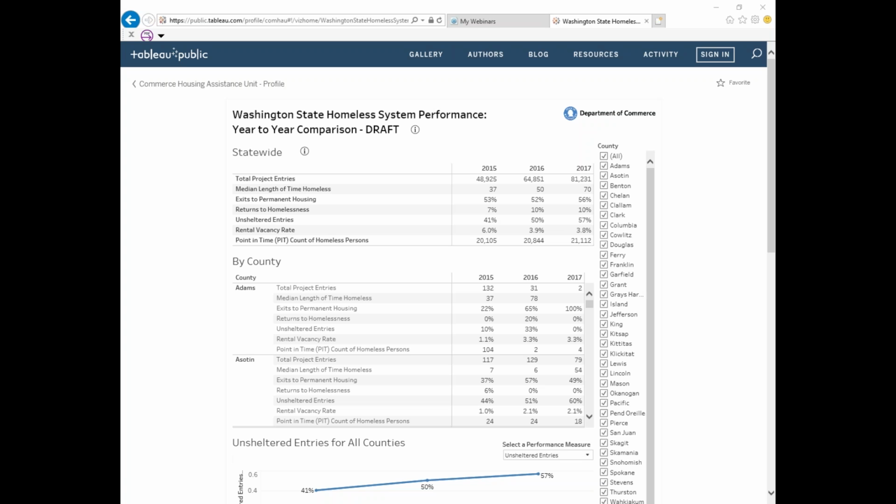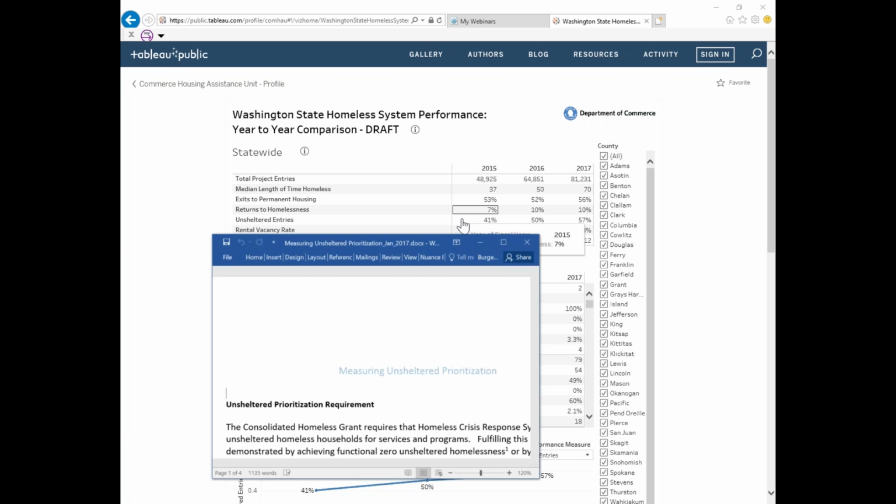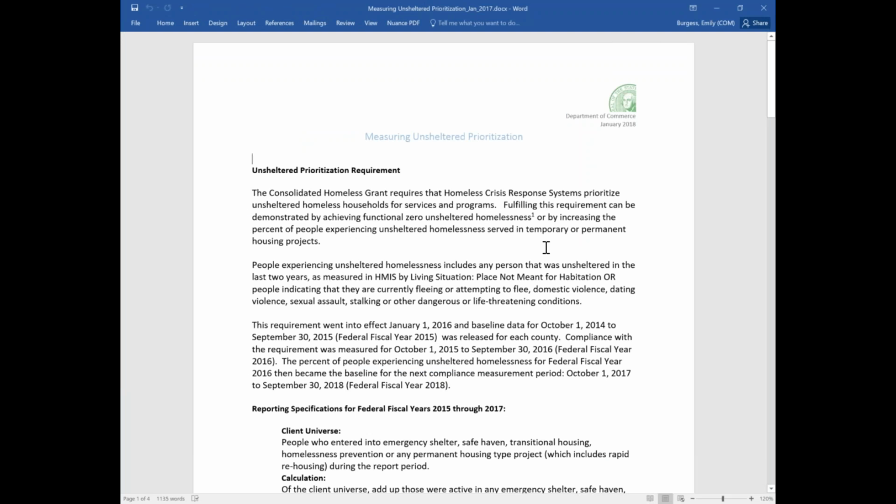Now I want to talk about changes to the unsheltered prioritization results. So I'm going to pull up a document that I emailed that is also available on this webinar for you to download.